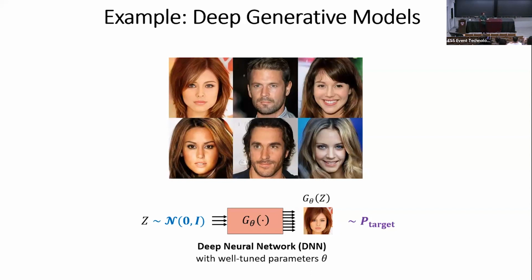And we have a large training sample from the target distribution of celebrities in this example. So what we want is a neural net that will take simple randomness and digest it into an output that looks like it's coming from that distribution. That's the goal of deep generative models.